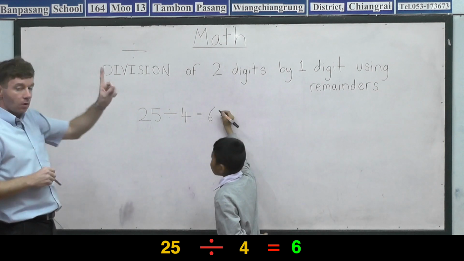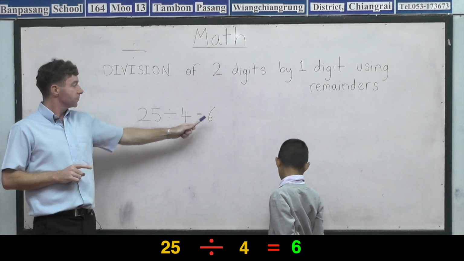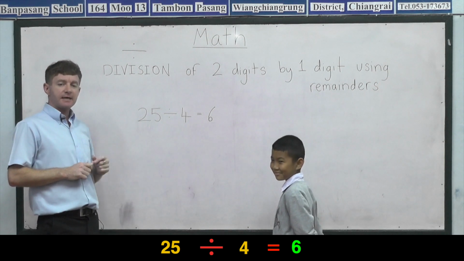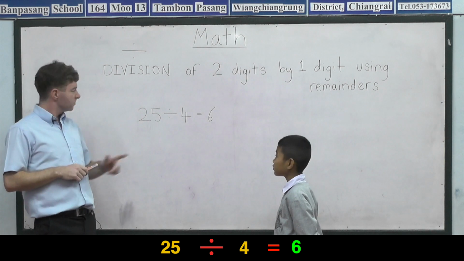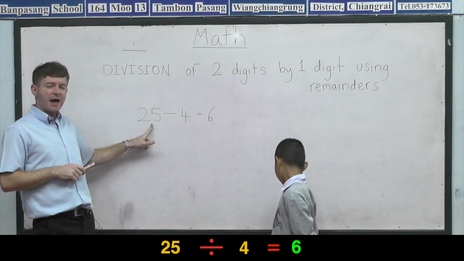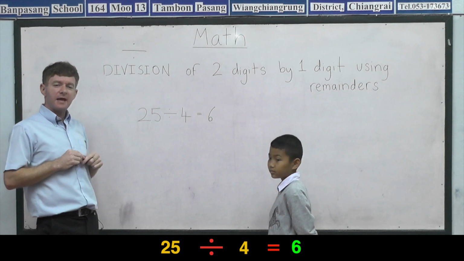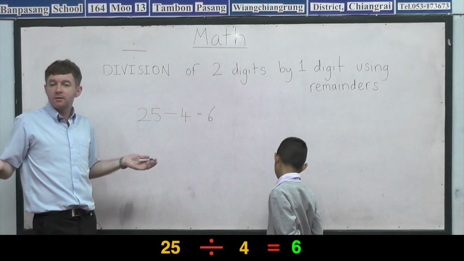Excellent. Okay, so we're at the stage where we say 6. But what is 4 times 6? 24. So our number is 25. So how many numbers do we have left over at the end? 1.